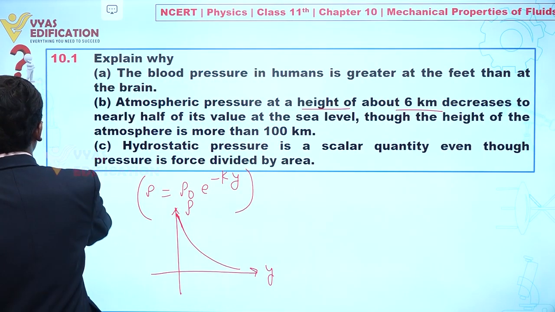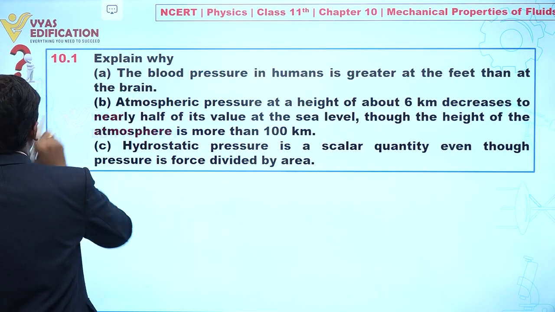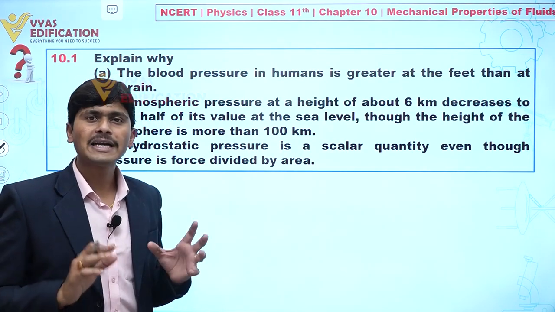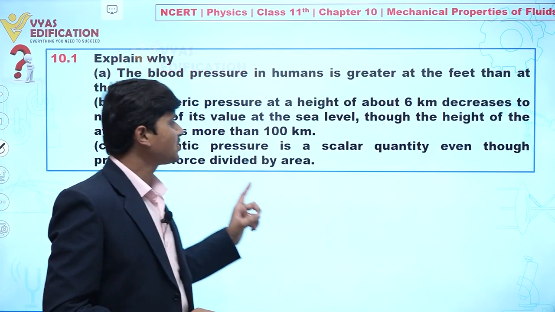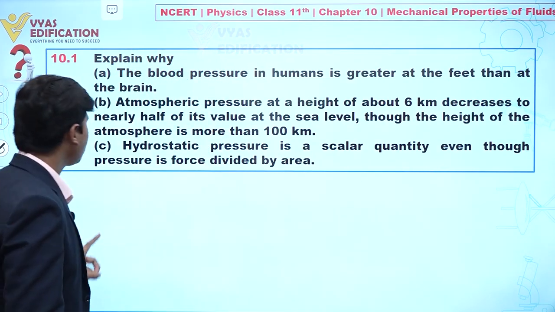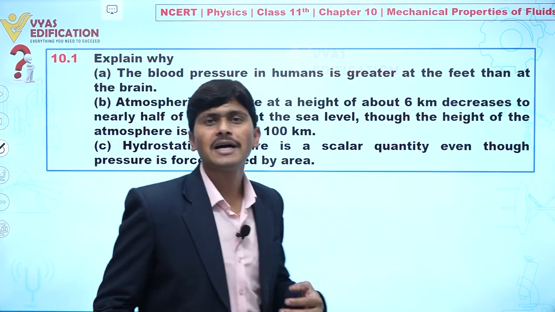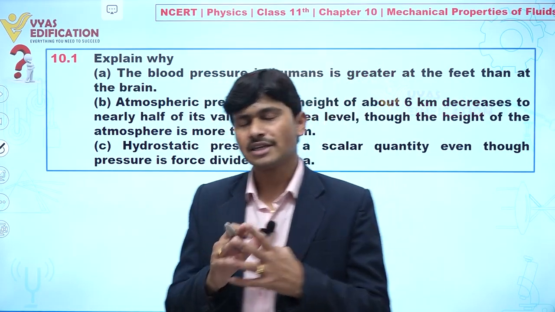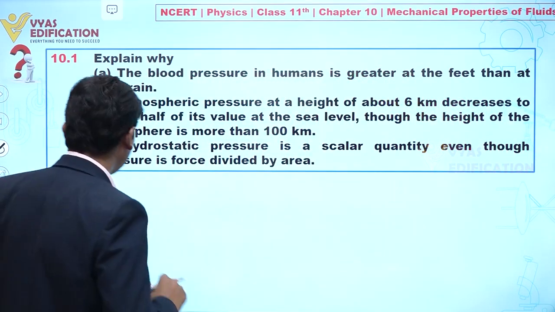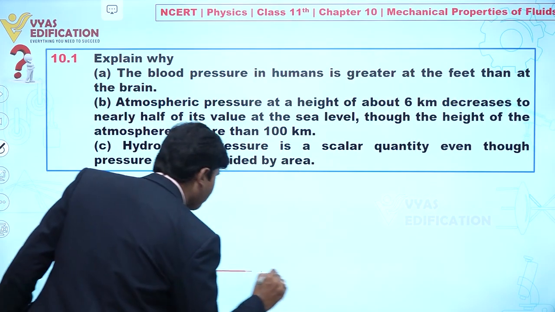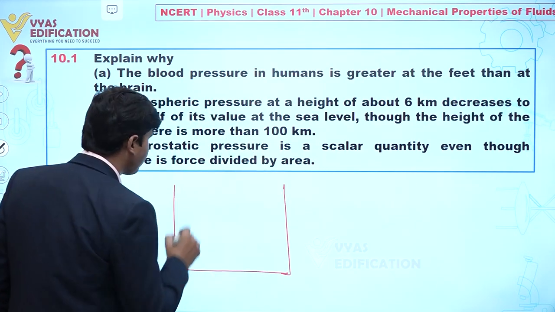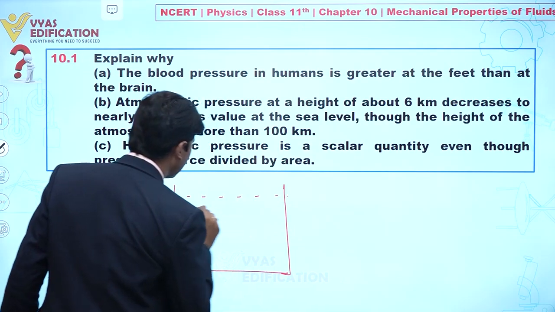Now part C: hydrostatic pressure is a scalar quantity even though pressure is force divided by unit area. Listen carefully. Suppose I draw a container, and in this container we have a liquid up to this level.